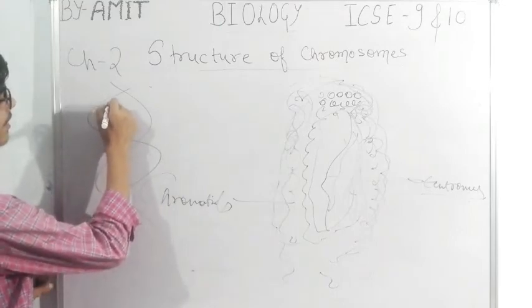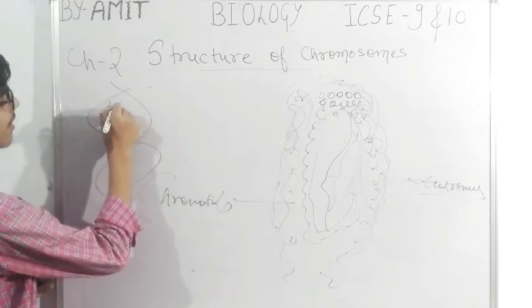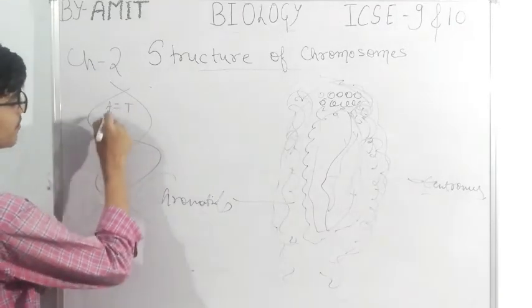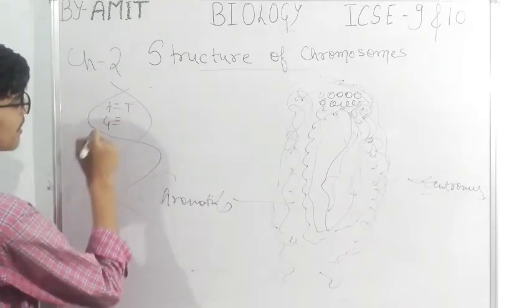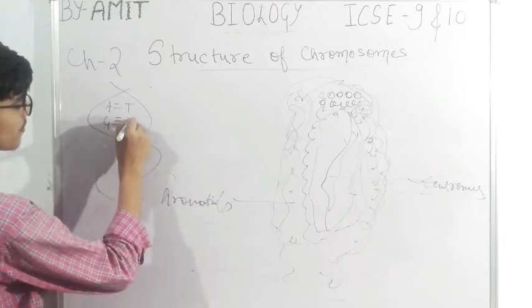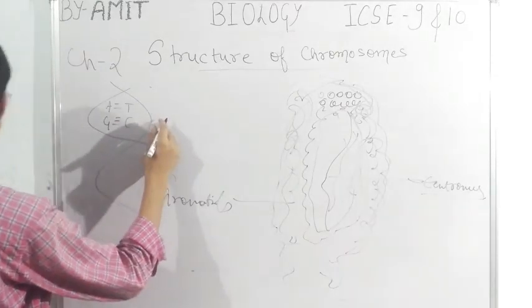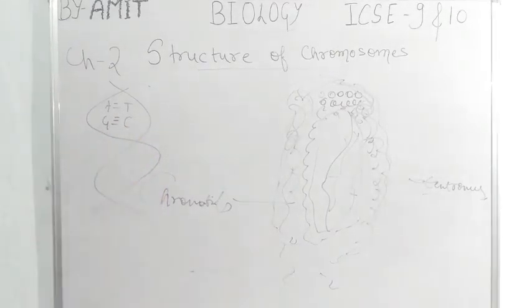Inside this, A double bond T, G triple bond C. So this is inside each and every DNA, and it is double stranded, we know of double strand.